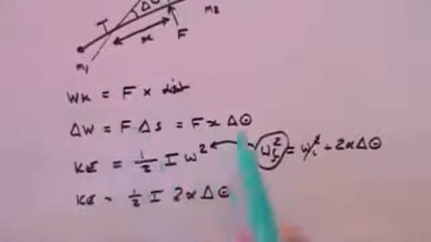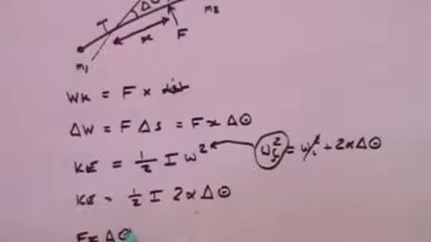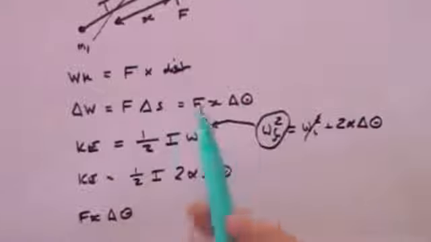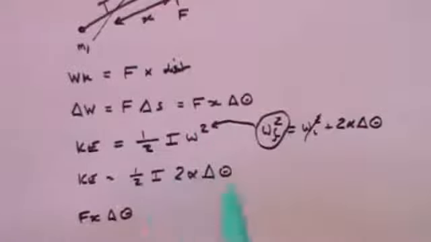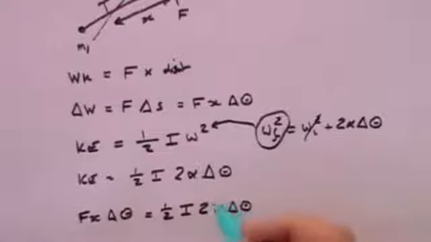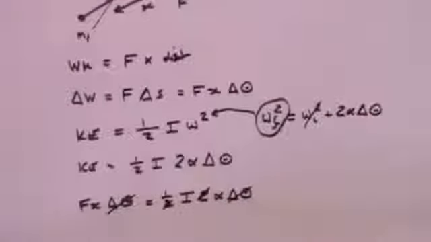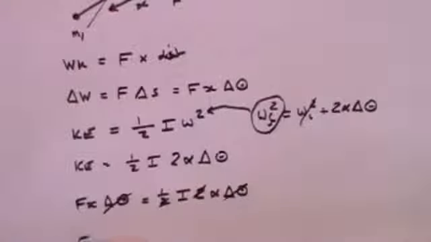So this term, F x delta theta, is going to be equal to that term. Work done is kinetic energy achieved. You can see that the 2's cancel out. You can see that the delta thetas cancel out, and that leaves us with Fx equals I alpha.